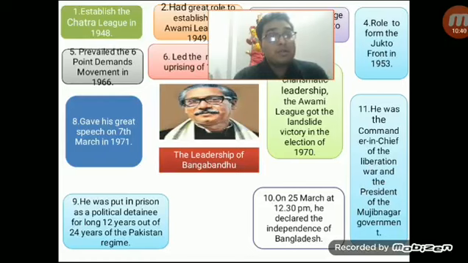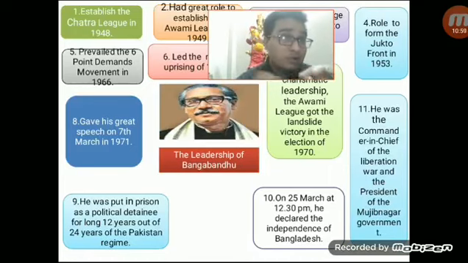He was the commander-in-chief of the Liberation War and the president of the Mujibnagar government. We know that on 10th April 1971, a temporary government was formed, basically in India. So it is called an exile government, a temporary government, or the first government of Bangladesh.